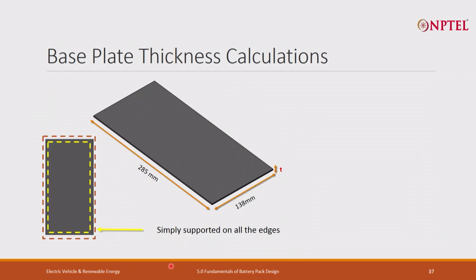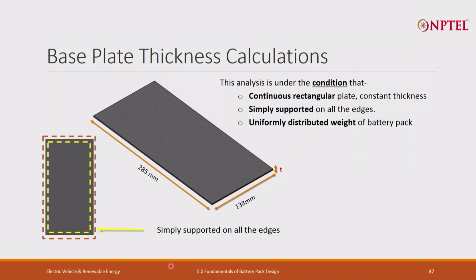What is not known is the thickness, and the thickness depends upon what would be the loading on that plate. Assuming right now it's only the self weight of the cells, let's design that. The following assumptions or conditions: it's a continuous rectangular plate of constant thickness, simply supported on all the edges, and uniformly distributed weight.